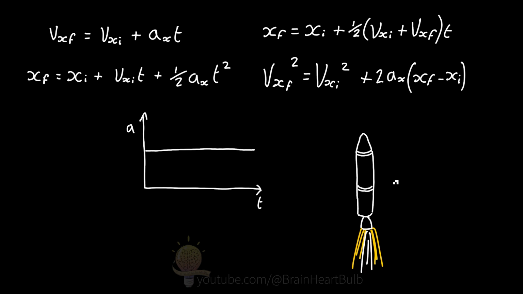You may be accelerating at a constant rate of around 30 meters per second squared during some part of the rocket burn. And this is equivalent to around 3 Gs. In other words, you would experience a force on your body that's 3 times greater than the gravitational pull on you on the surface of the Earth. So you would feel 3 times heavier.